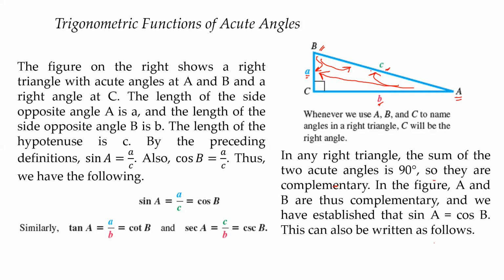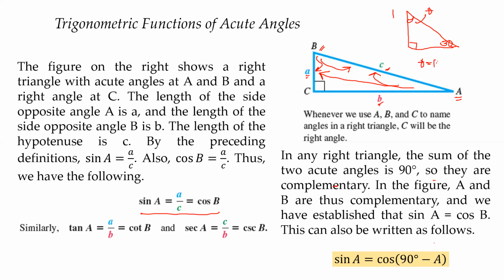And we have established based on this illustration that sine A is equal to cosine B. So therefore, this can also be written as sine A is equal to cosine of 90 minus A. So say for example, if we have 30 and this is 90, then this second acute angle here, let us say this is theta.